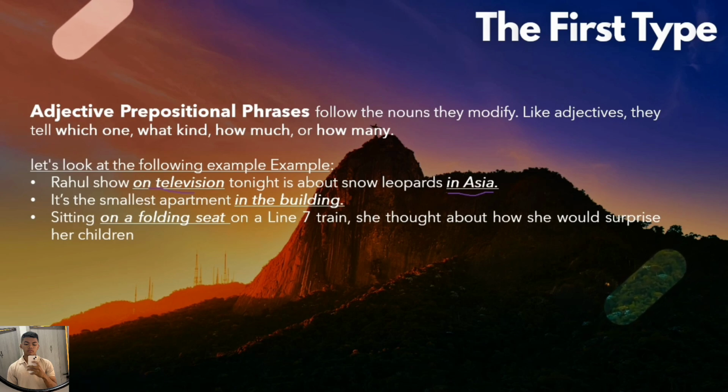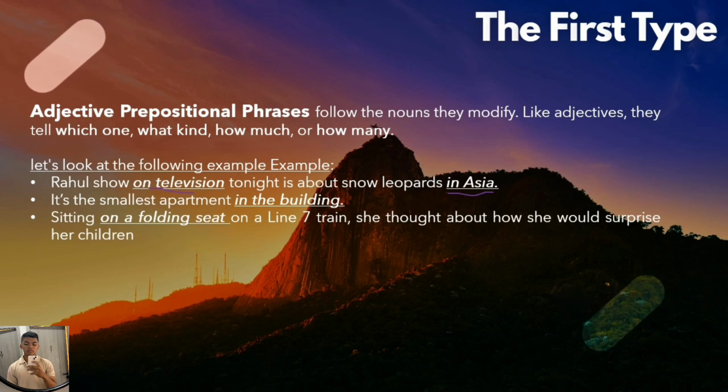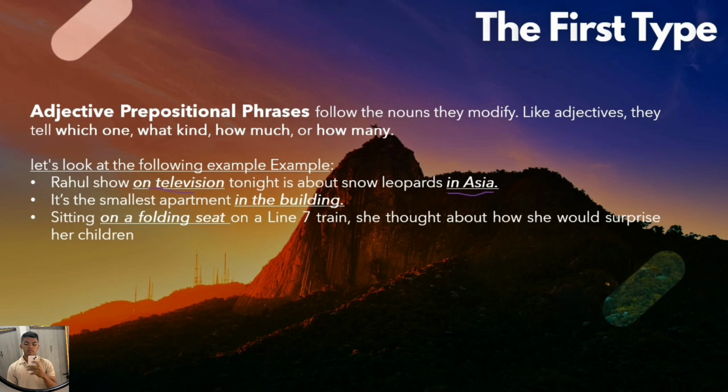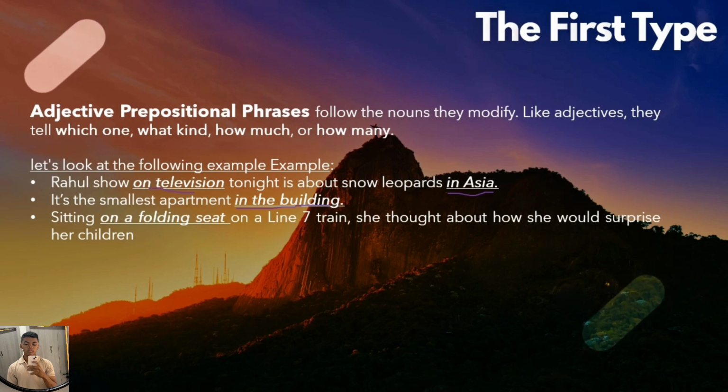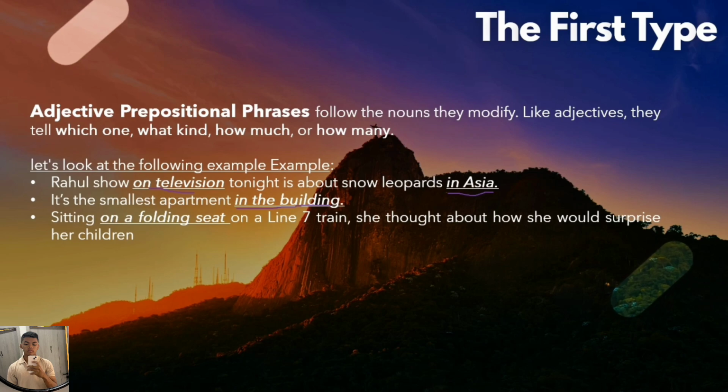It's the smallest apartment in the building. Based on the data above, in the building is a prepositional phrase constructed by the preposition in and the building. As an object of the preposition, the prepositional phrase found in the sentence above is related to the noun apartment.